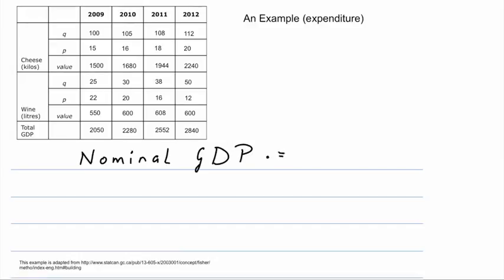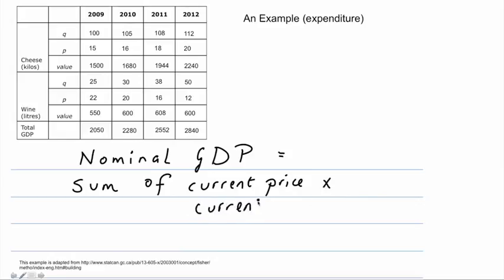Nominal GDP equals the sum for each commodity in the economy. Now in this case we only have two. The sum of the current price times the current quantity.